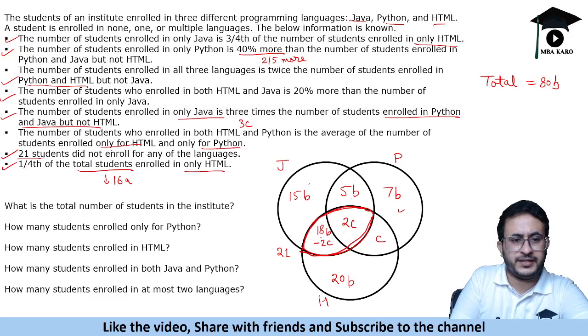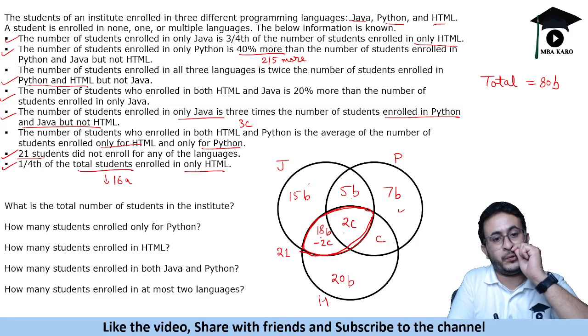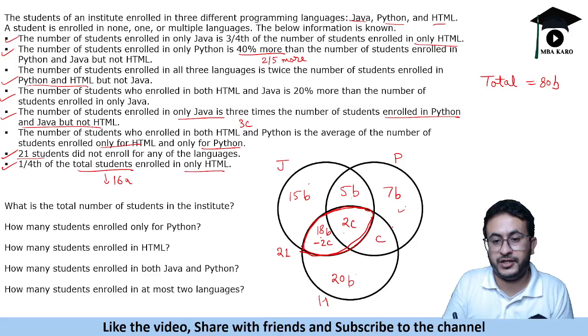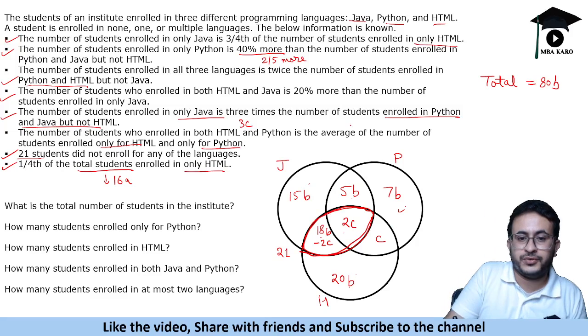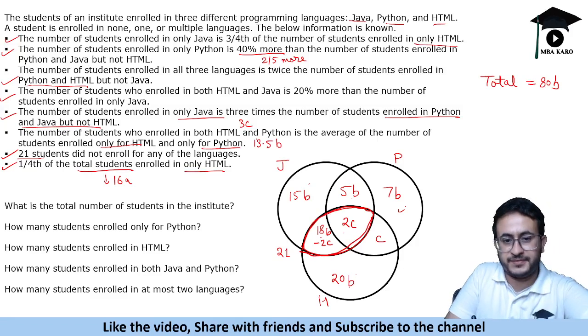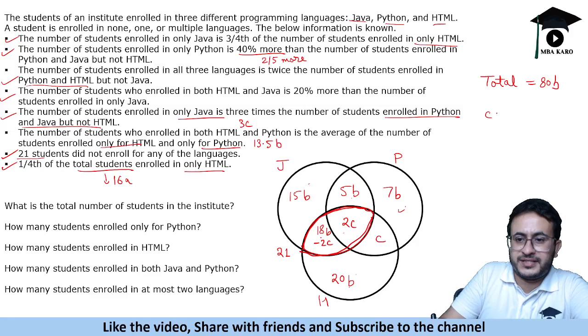So now we see that the number of students who enrolled in both HTML and Python, so 3C, is the average of the number of students enrolled only for HTML, only for Python. Only for HTML, only for Python, that is 27B. Okay. So the average is 13.5B. So 3C is 13.5B, so that means C is equal to 4.5B.